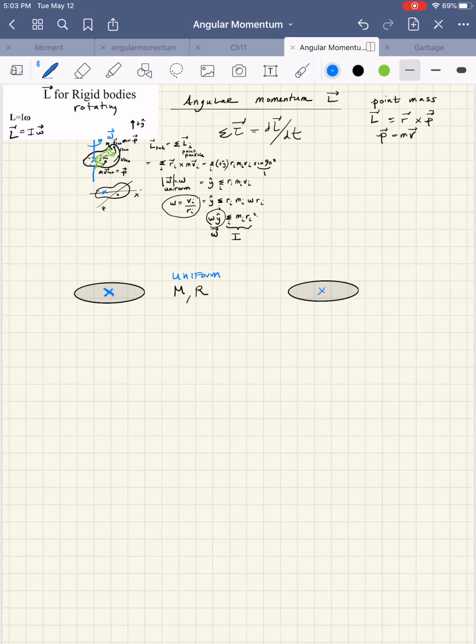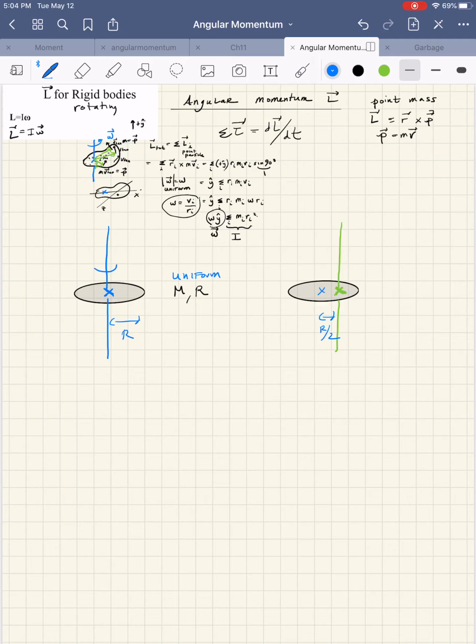And then I'm going to find it around a different axis of rotation at the midpoint between the center of mass and the outer edge of the disk. So my first axis of rotation is right through the center of mass, and the second axis of rotation is right through the green axis, the halfway point. If this is the radius r, the halfway point, of course, would be r over 2.